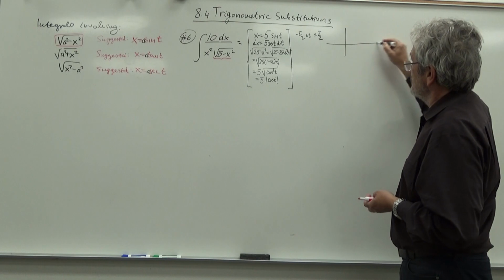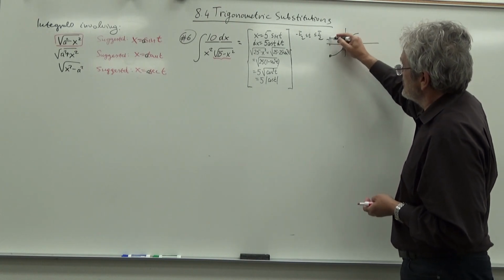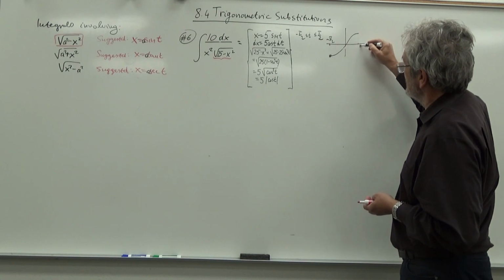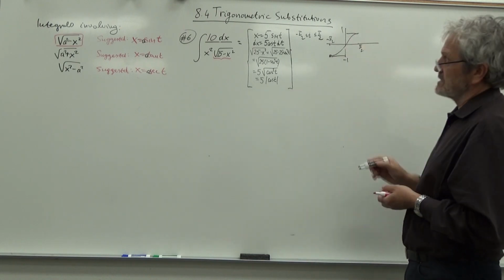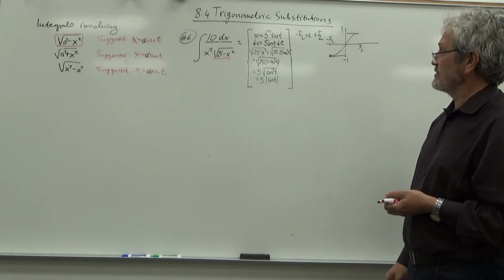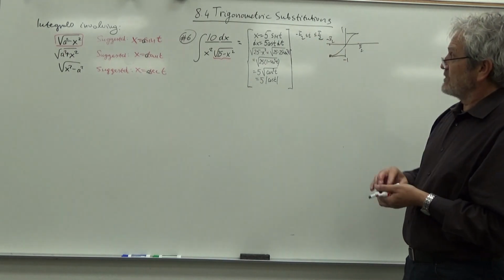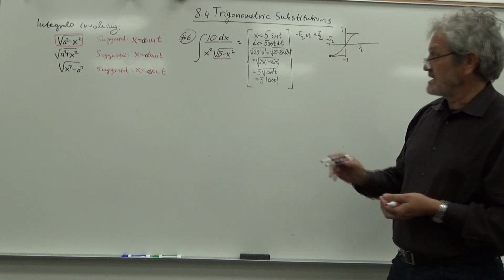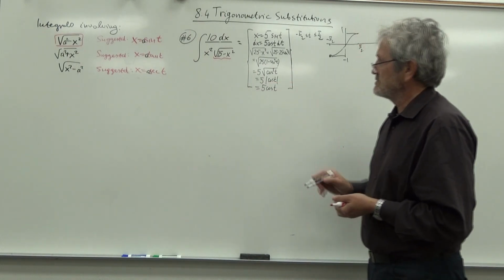Because you know how a sine wave goes. If I take that wave between -π/2 and π/2, it will cover all the values between -1 and 1 times 5, all the values between -5 and 5. Why is that important? Because between -π/2 and π/2, cosine is positive, so I don't really need absolute value.